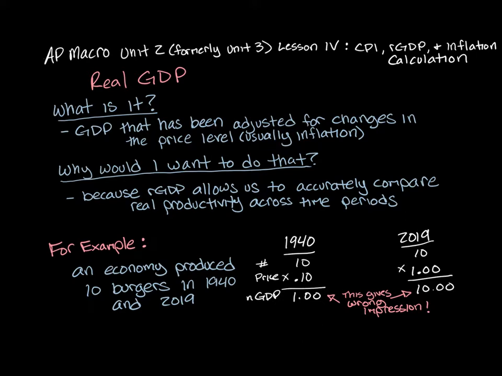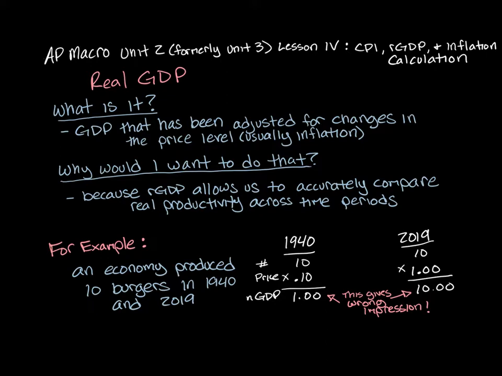So the example I like to use is something super simple. I imagine a scenario where we have an economy where GDP is solely equal to the number of burgers produced. In our example here at the bottom, we're looking at the number of burgers produced in 1940, when the price of a burger was 10 cents. I'm just making that number up. And the number of burgers produced in 2019, where the price of a burger was $1.